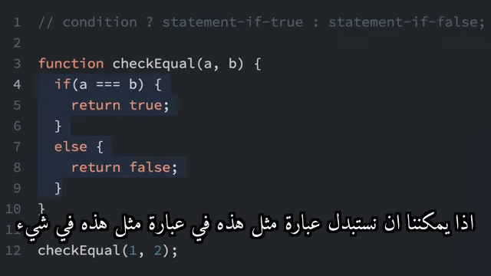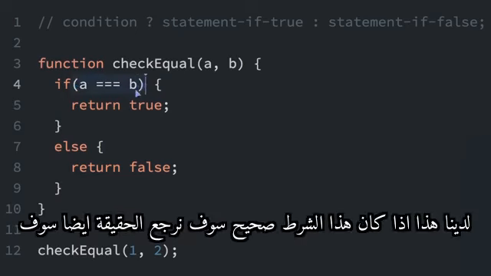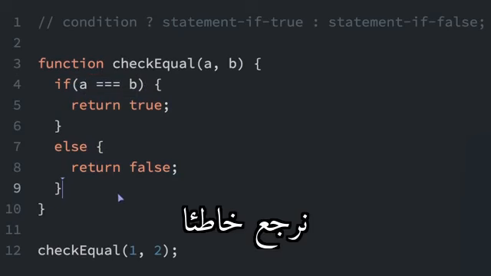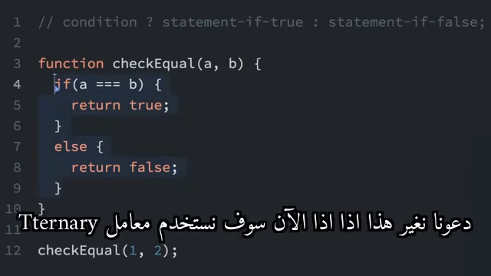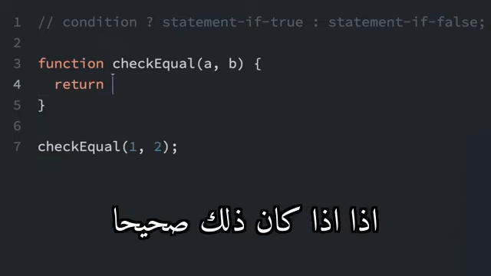So here it is, return, and first we're going to check if num is more than 0, and then we'll use the ternary operator. If so, the first thing after the question mark is if it's true. If it's true, we're going to return positive. If it's false, if the number is not more than 0, we'll do something else.